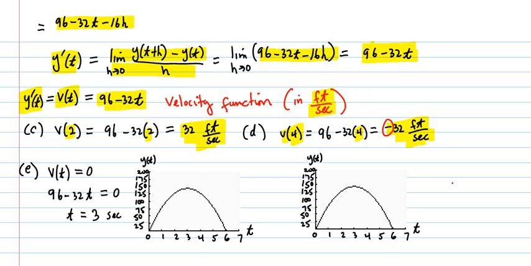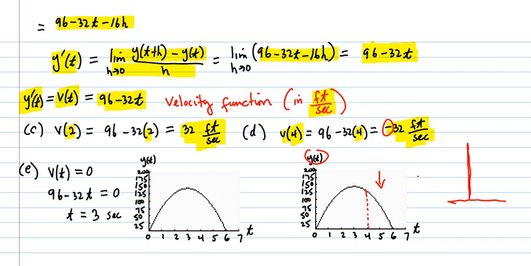Well, as stated, here's the ground. The ball goes up in the air, and then it comes down, straight down. So at 4 seconds, the height, y of t, is changing downward.